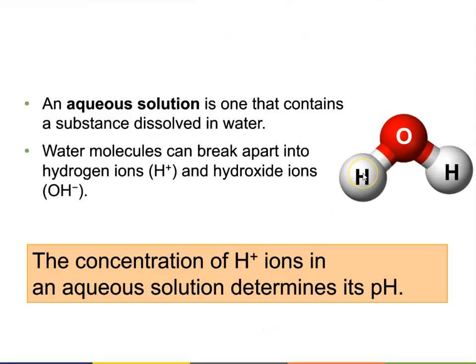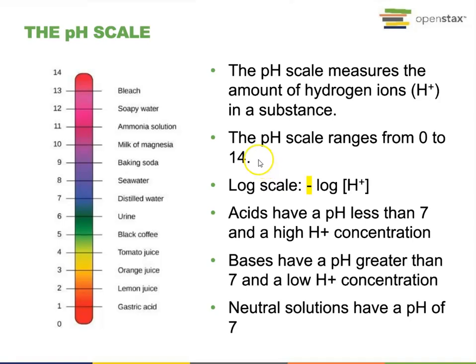Since water can be partly broken into hydrogen ions and hydroxide ions, the concentration of hydrogen ions in the water determines its pH. So what is the pH? pH is the measurement of hydrogen ion concentration.